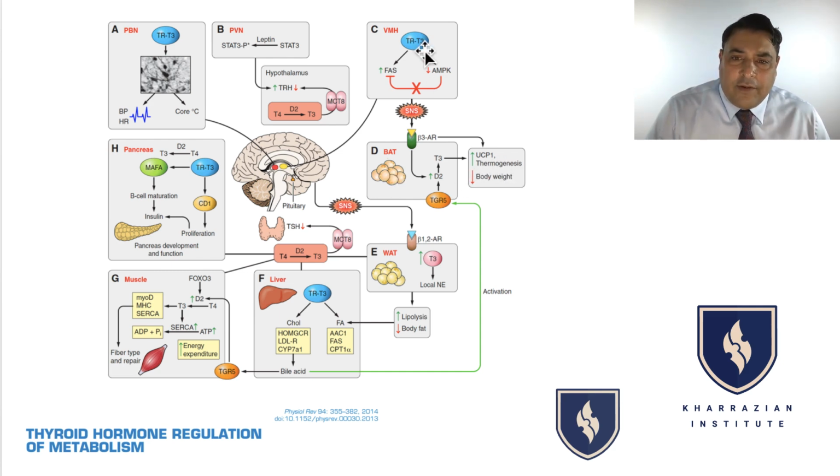So T3 and thyroid hormones, they activate the sympathetic nervous system, and there are sympathetic fibers that actually process and burn body fat through adrenergic receptors, which then impact thermogenesis and reduce body weight. So when people are hyperthyroid, they start to really get this brown adipose tissue broken down, and they get really, really hot.